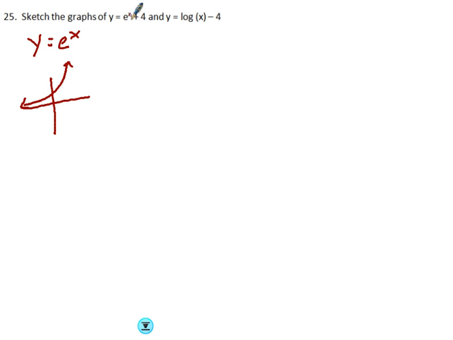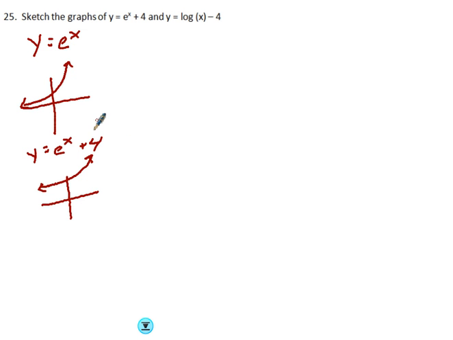But if it's y equals e to the x plus the 4, we know it's shifted somehow. And in this particular problem, it's actually going to be shifted up 4 units. So y equals e to the x plus 4 says we have to shift this guy up 4 units. So it'll look something like this. So that's a little rough sketch of it.